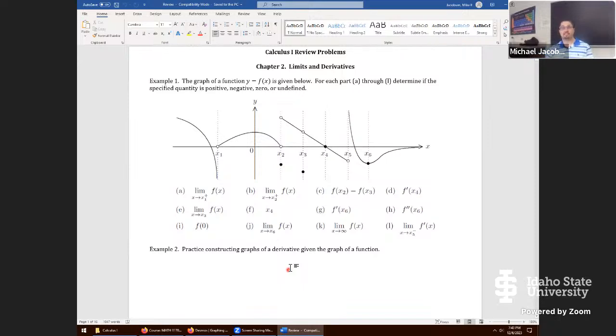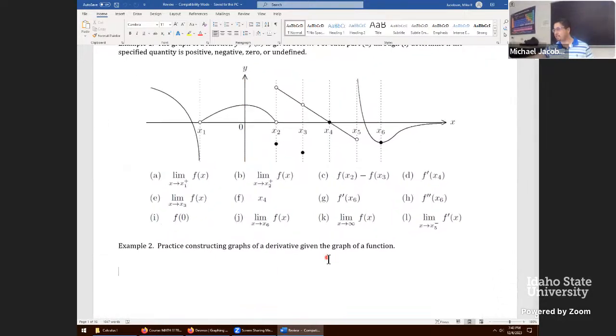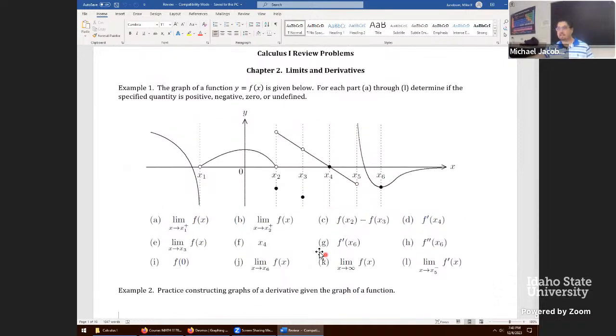Other questions so far? Okay, well, our first problem of the day is really just one massive review problem of taking different limits. Let me see if I can zoom in here a little bit better. We have the graph of a function y equals f of x. It's got all sorts of issues. It has lots of vertical asymptotes, lots of jump discontinuities, and all sorts of things going on.